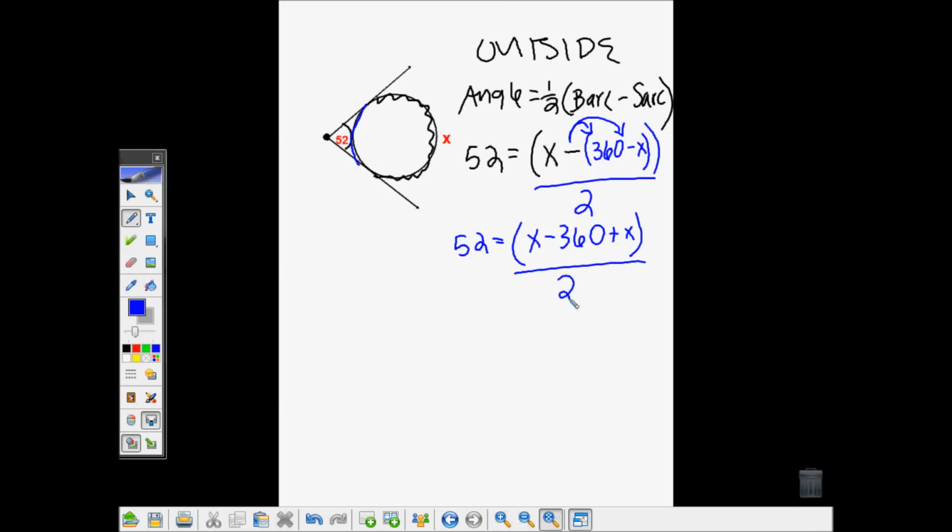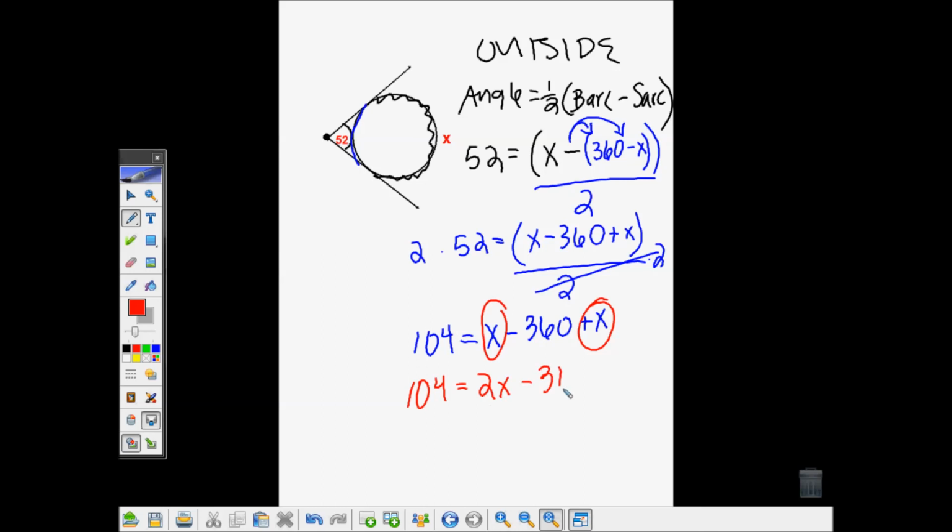Now, again, I'm still going to multiply both sides by 2 to get rid of that. So we get 104 equals x minus 360 plus x. Now, hopefully we have noticed that we have a positive x and a positive x. So we get 104 equals 2x minus 360. Now I'm going to add 360 to both sides.